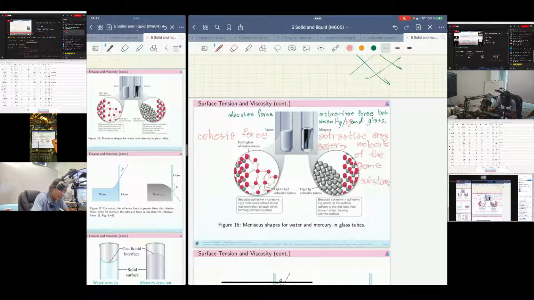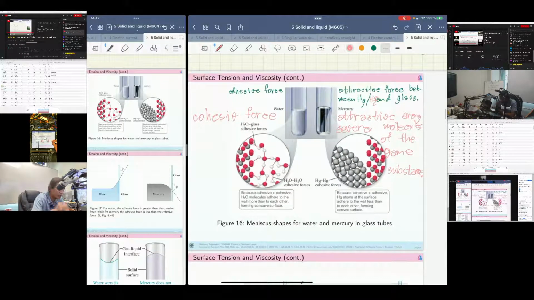Whether you have water or mercury, you would have cohesive force, the attractive force among several water molecules, and among several mercury molecules.